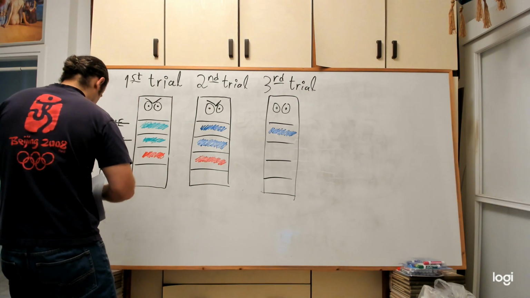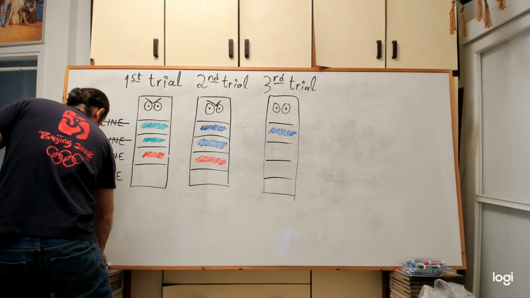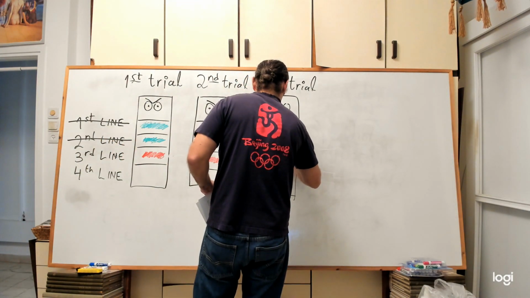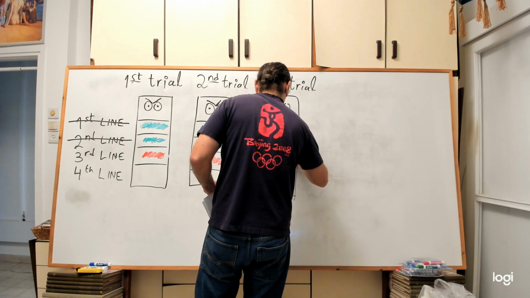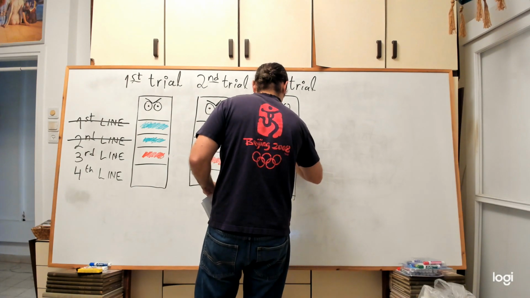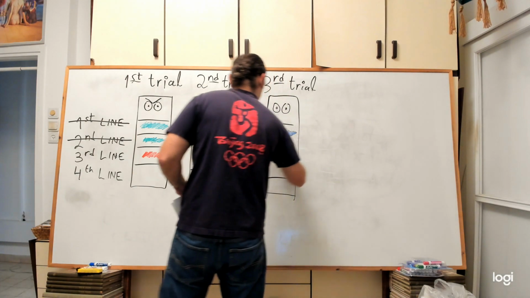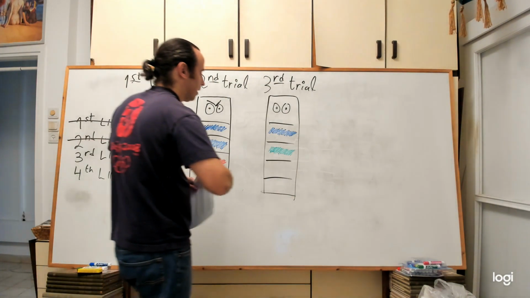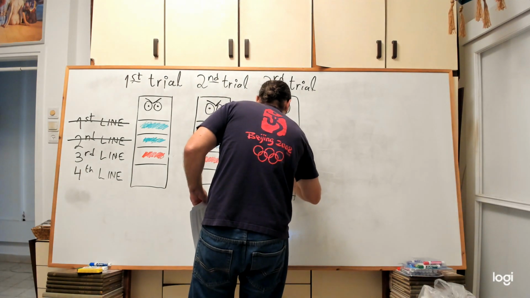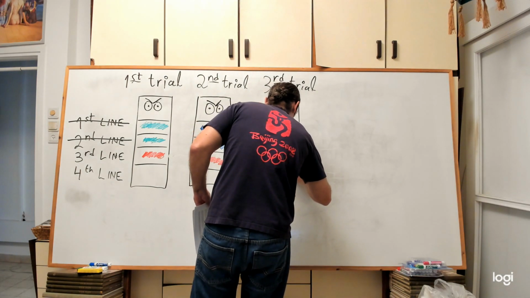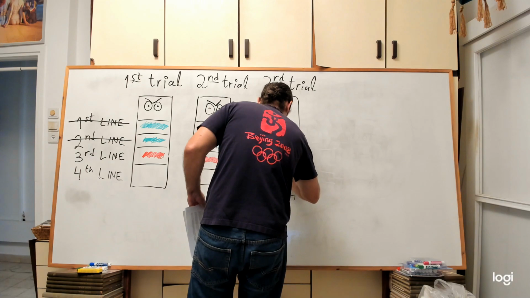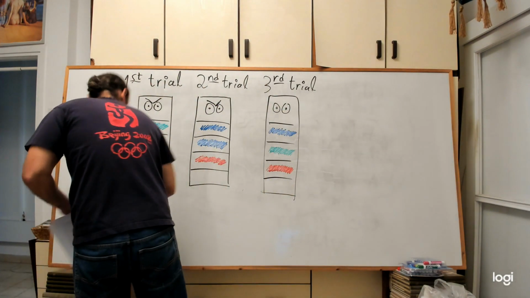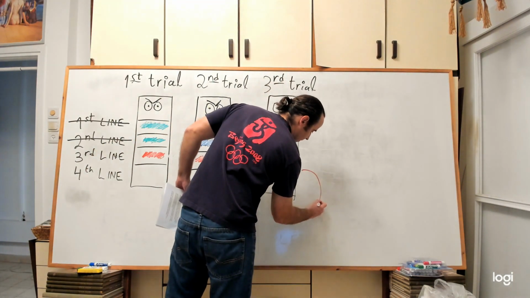Then we continue and we go to our third trial. We take the original, the bad virus, which has this hand.